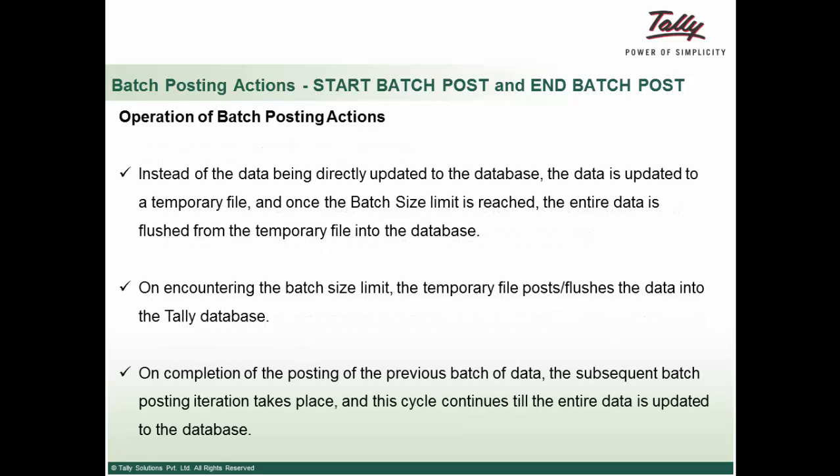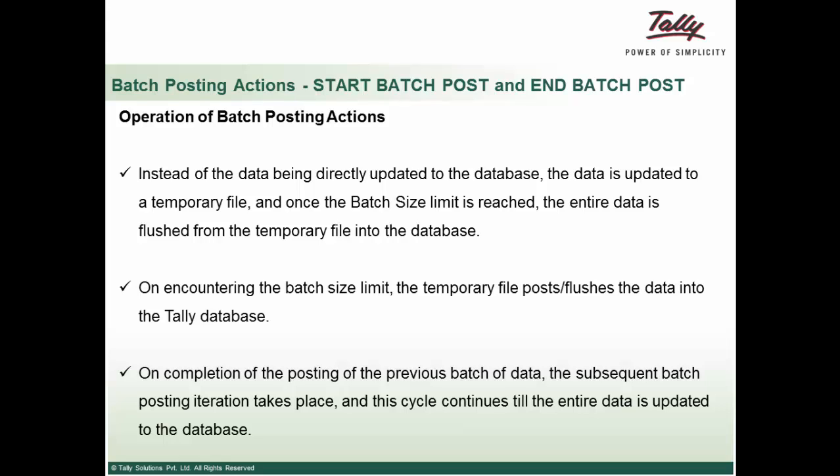Instead of bringing the entire chunk of data together and directly updating it into the database, which will obviously lock the database for some time, the data is first updated into a temporary file, and once the batch size limit is reached, the entire data is flushed from the temporary file to the database.